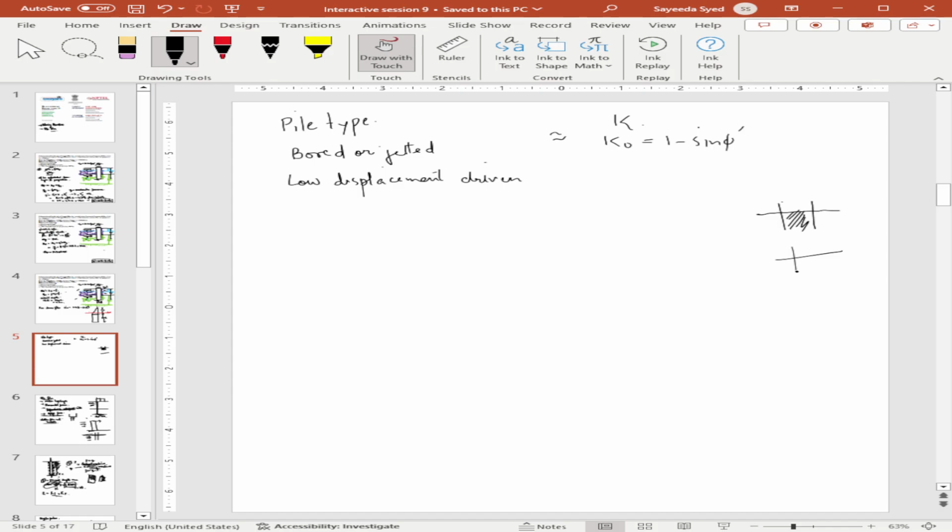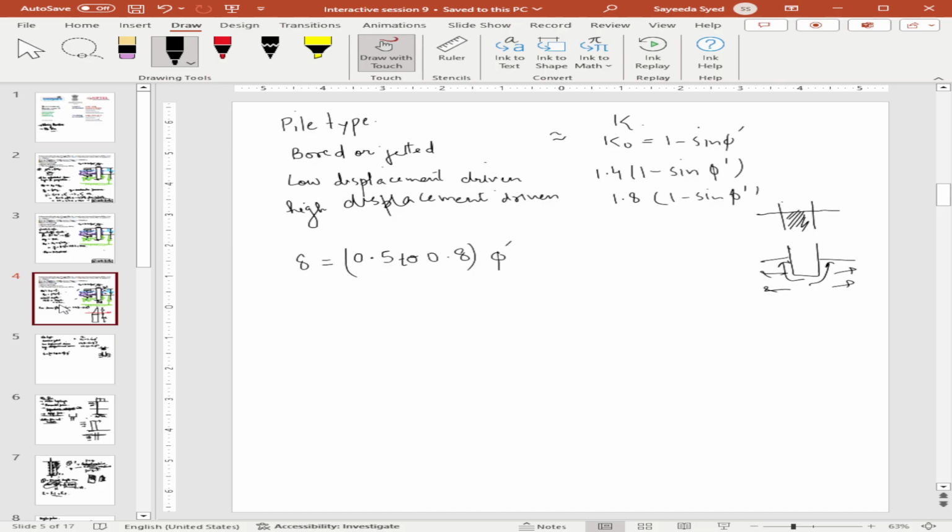And the delta that we are supposed to take, if not given, is 0.5 to 0.8 times phi dash. Right, to, not minus.